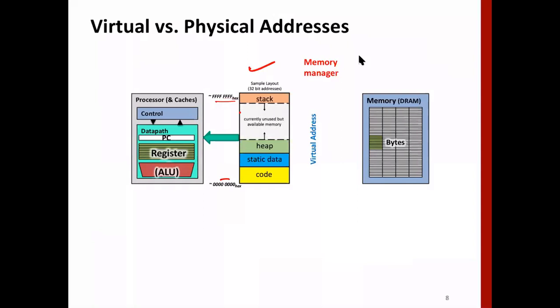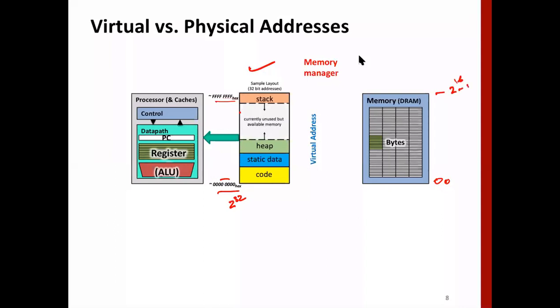This is the view: each process thinks it has the complete address space, so it may issue whatever it wants, but the actual fact is that physical memory is between 0000 0000 and some number, which could be very different. For example, this is 2 raised to the power 32 in size, while physical memory could be, for example, 2 raised to the power 16.